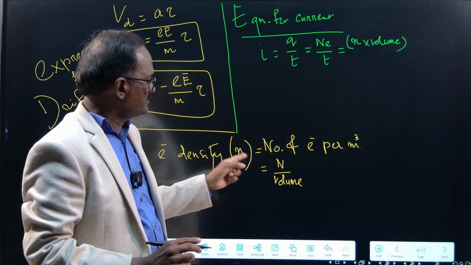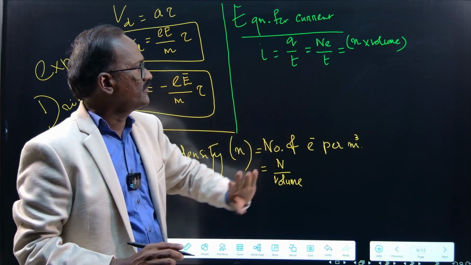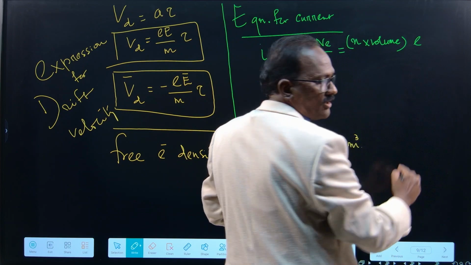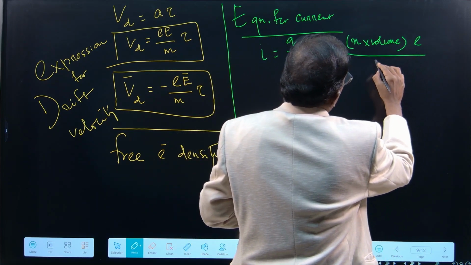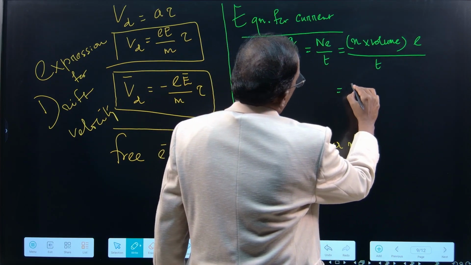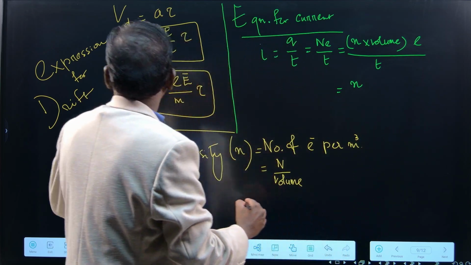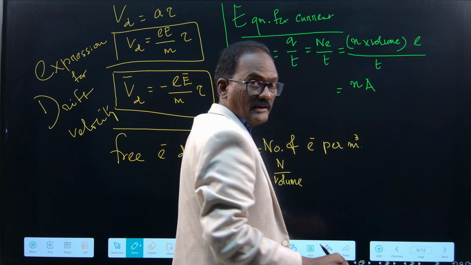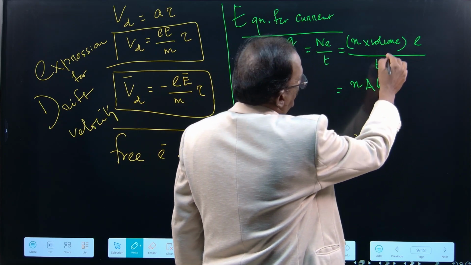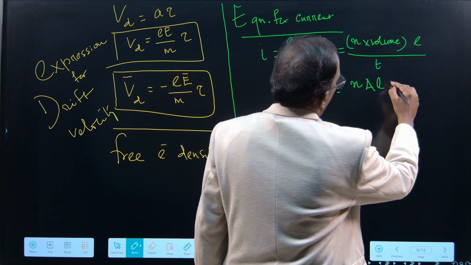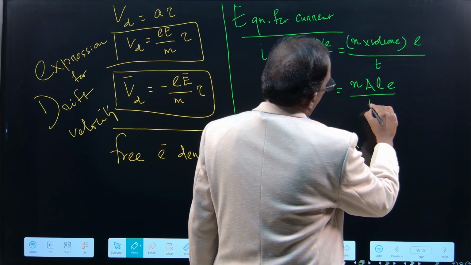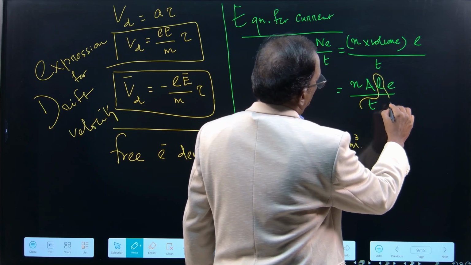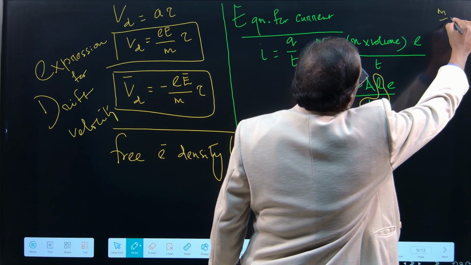To find capital N, you have to multiply these two terms. This is what I am doing here. Small n into volume multiplied by the charge of the electron divided by T. Volume is cross-sectional area A into length L. So n A L into E by T. This L by T has a unit meter per second.